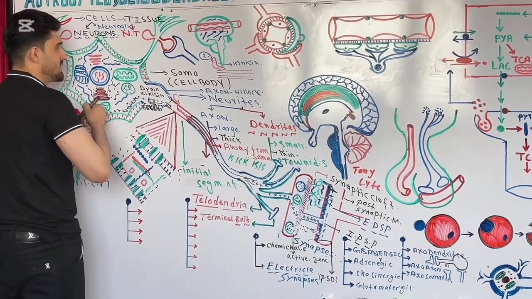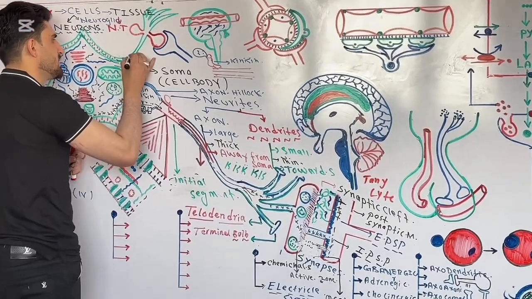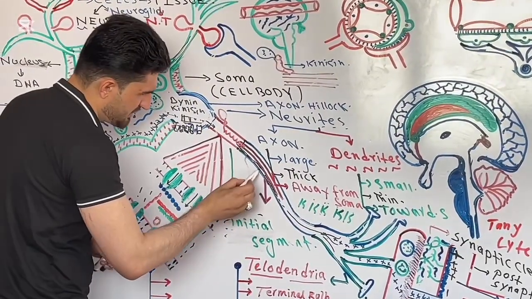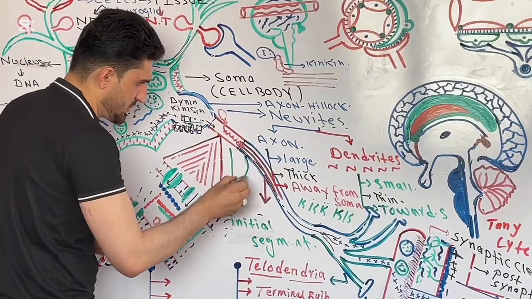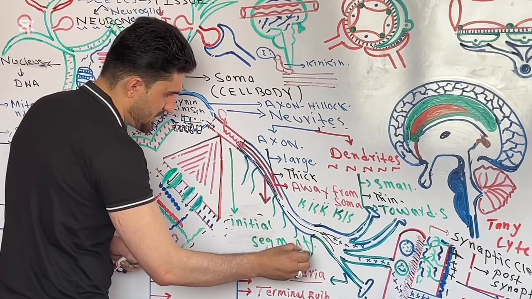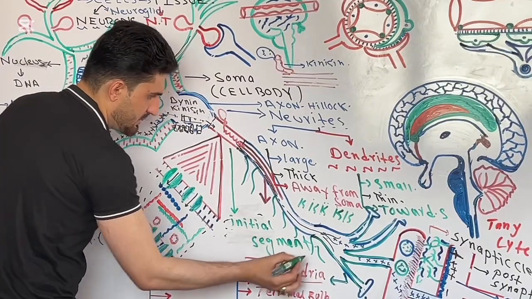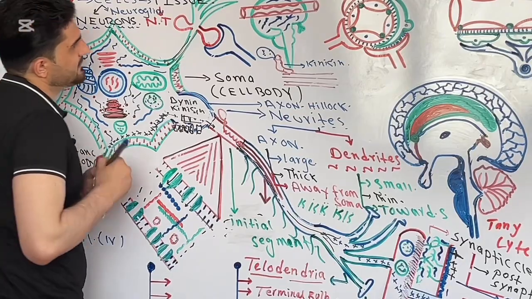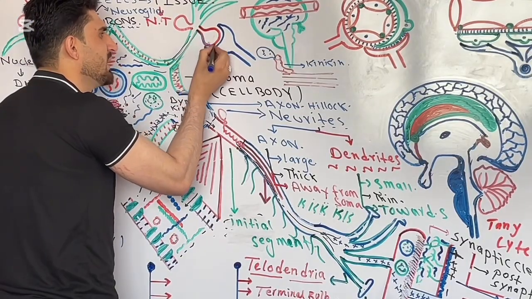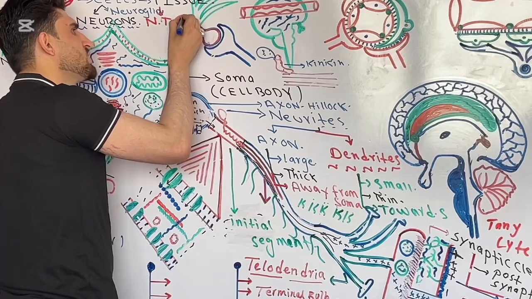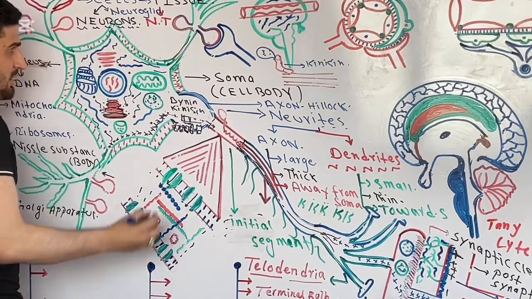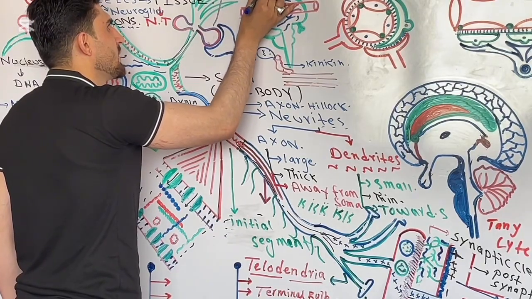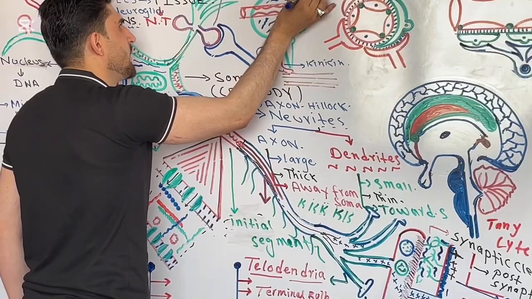Dendrites are small extensions. In the axon we also have some branches on its side, which are called collaterals. In the dendrite we have small mushroom-like projections called dendritic spines.